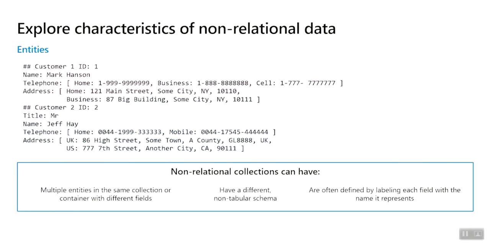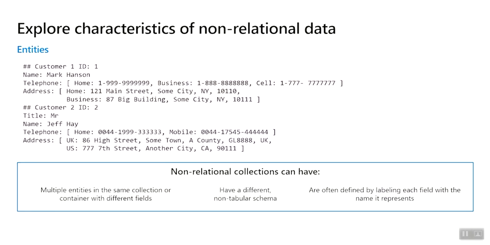If we take a look at this example here, the fields are prefixed with a name, and some fields might actually have multiple subfields. For example, with telephone, we can have a home telephone, a business telephone, and a cell telephone. These multiple subfields are denoted by enclosing them between square brackets.